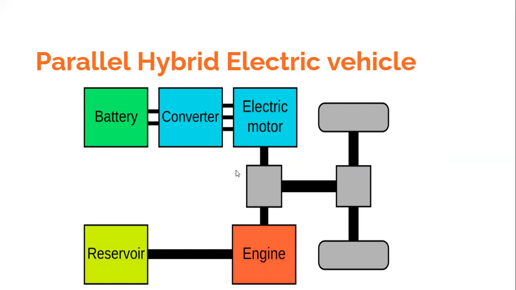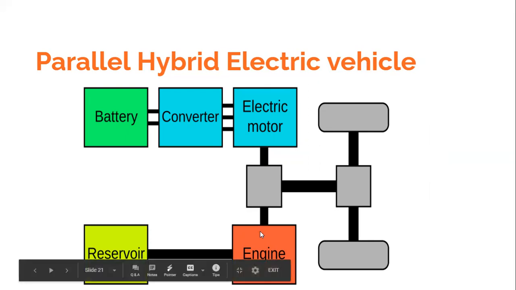The energy storage in such a vehicle can be charged by the electrical motor by means of regenerative braking, or it can be charged by the engine itself when it produces more power than what is required to drive the wheels.